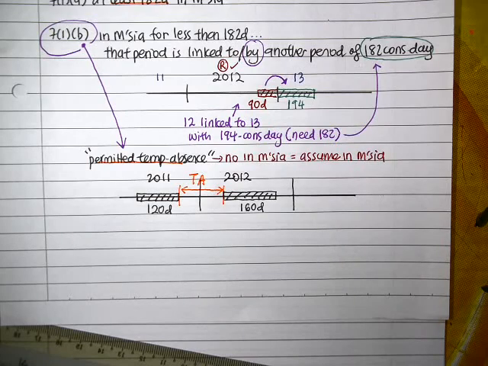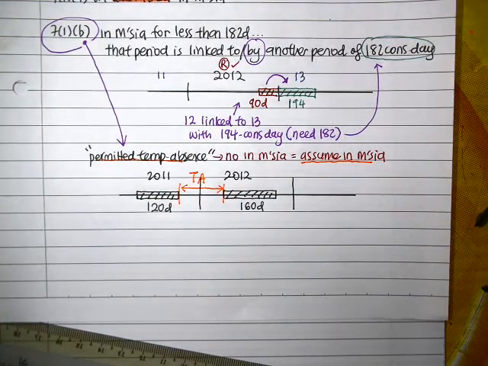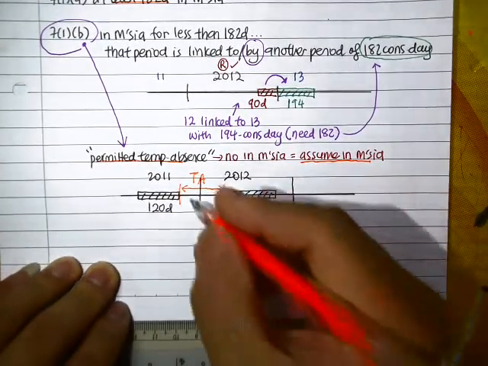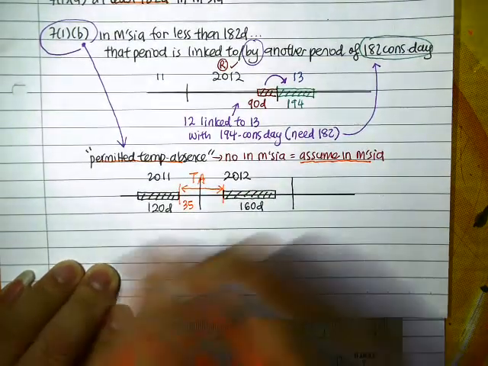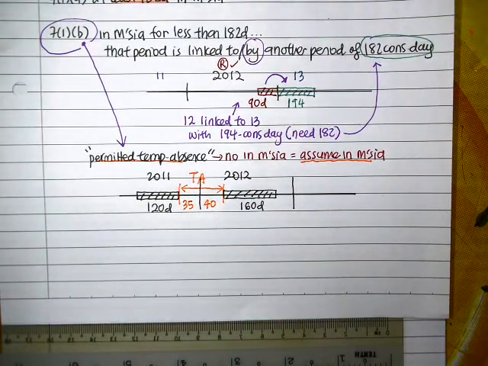If you have a temporary absence, you just assume that you're in the country and you count the days as well. So let's say I'm just putting down some days over here. Now I have 35 days and I have 40 days.